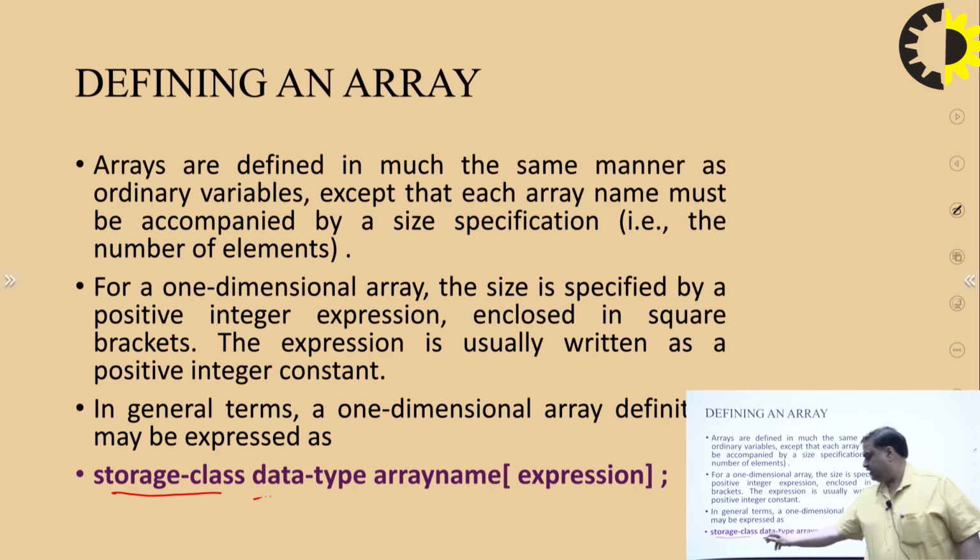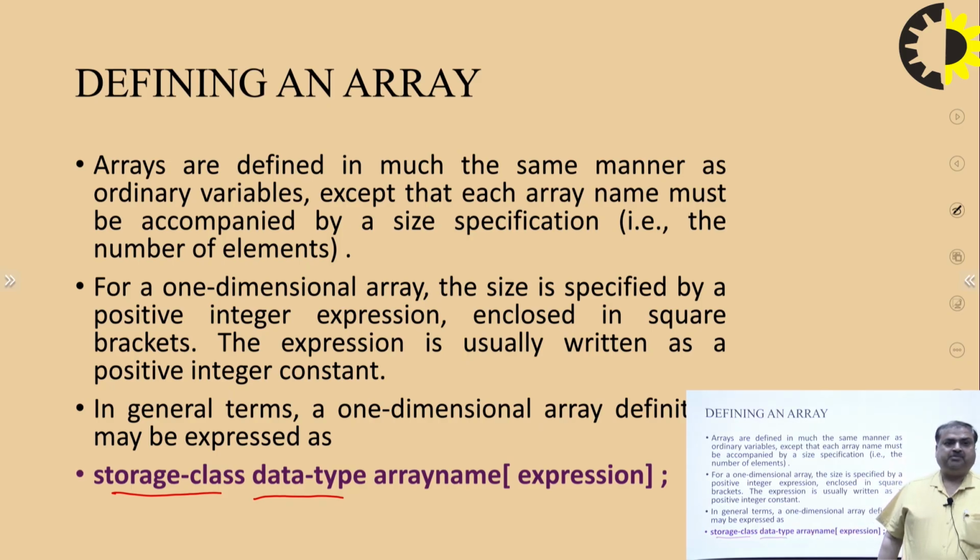Then the type of array, what type of data we are going to store in that array, like int, float, character or any other type. This can be used for structure types and many other types also. Then the name of the array, simply an identifier to specify that array.